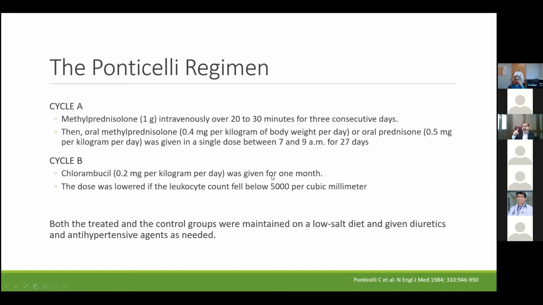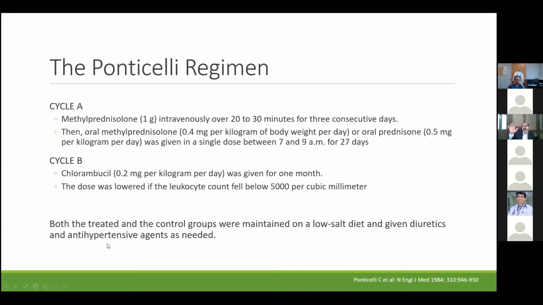So months 1, 3, and 5 would be cycle A, and 2, 4, and 6 would be cycle B. Chlorambucil would be dose adjusted if there was leukocytopenia. And the standard of care was deployed for the control group, which was essentially low salt diet, diuretics, and antihypertensives.